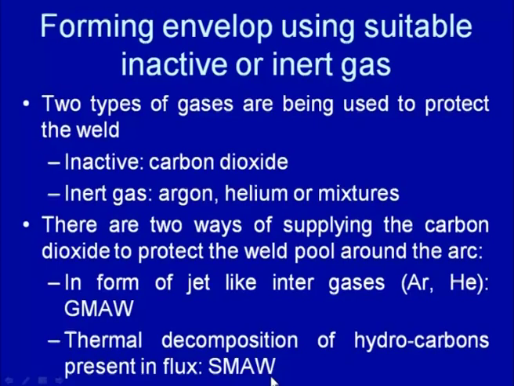These are decomposed and their decomposition results in the formation of inactive gases around the arc, like in shielded metal arc welding. So, these are the two ways through which inert or inactive gases can be used to form a cover around the weld pool to protect it from atmospheric contamination: forming a jet and the thermal decomposition of the hydrocarbons present in the fluxes.